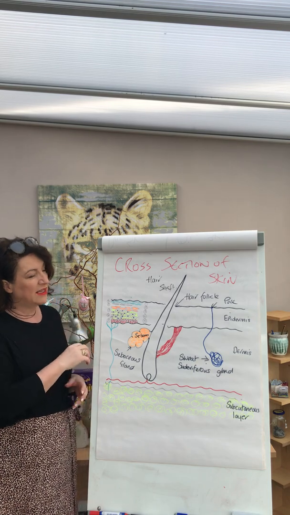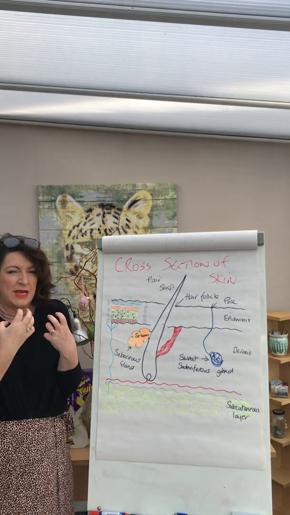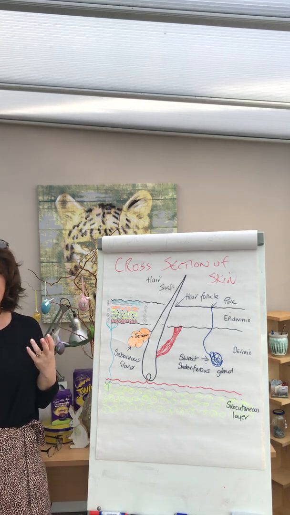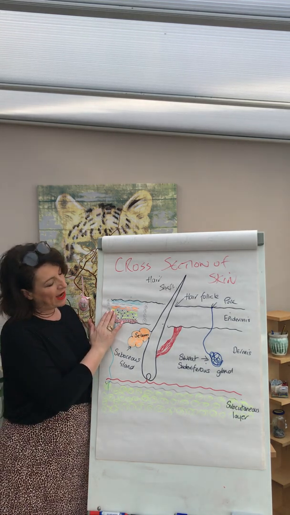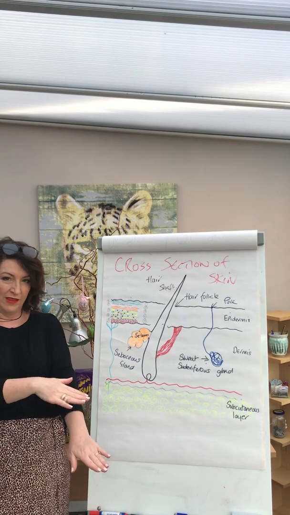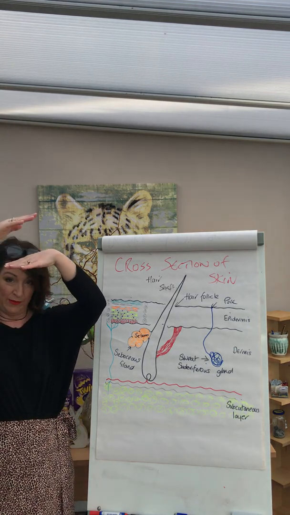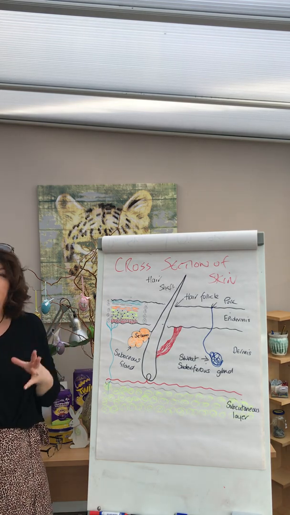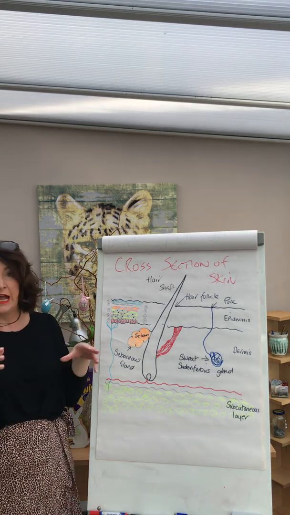But our skin cells start off, as you can imagine, nice and full and bouncy. And as they compress and go through the epidermis, they move up through a process called mitosis, which is cell reproduction.